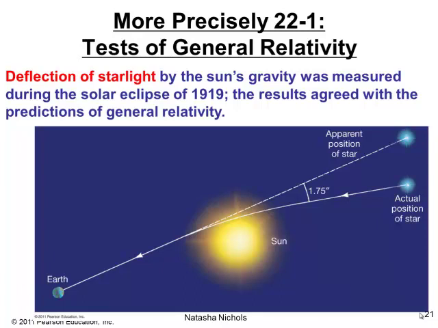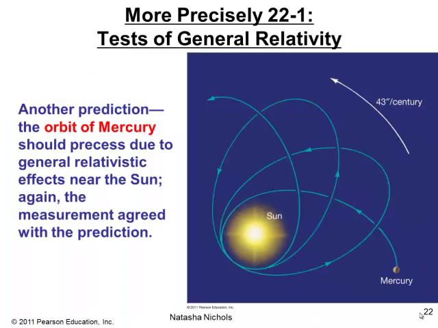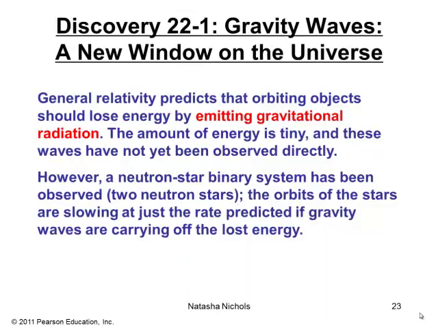As you can see, the apparent position of the star versus the actual position of the star. Another prediction was that the orbit of Mercury should precess due to general relativistic effects near the sun because of the huge mass of the sun. And the measurements that they made agreed with general relativity predictions.